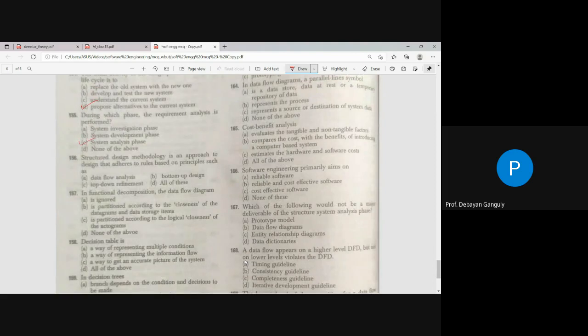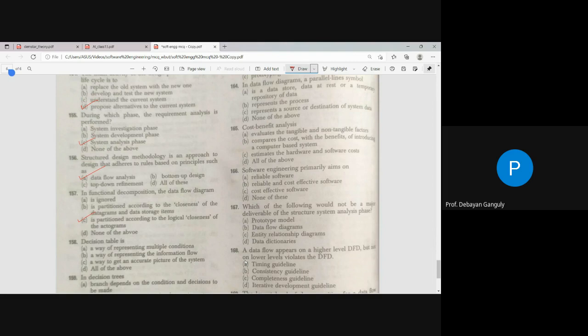That is the system analysis phase. 150. Structured design methodology is an approach to design that adheres to rules based on principles such as data flow analysis, and in functional decomposition, the data flow diagram partitions according to the logical closeness of the activities.